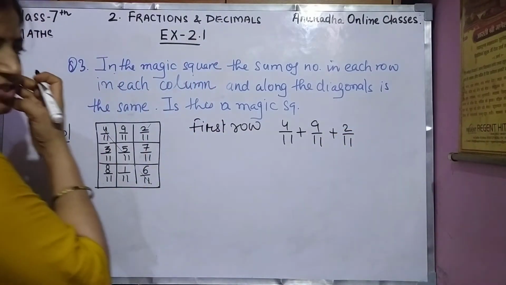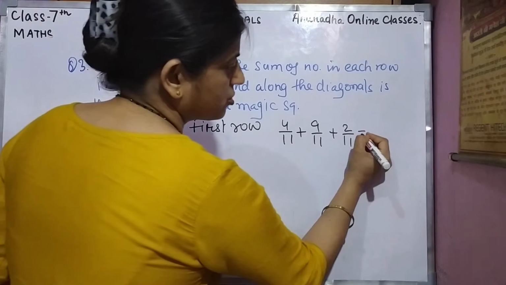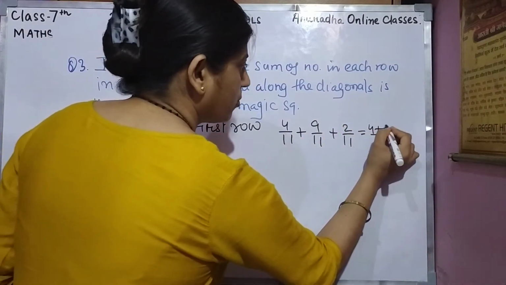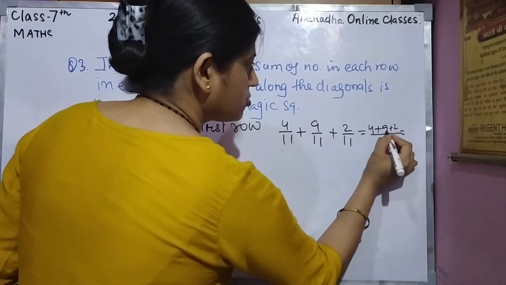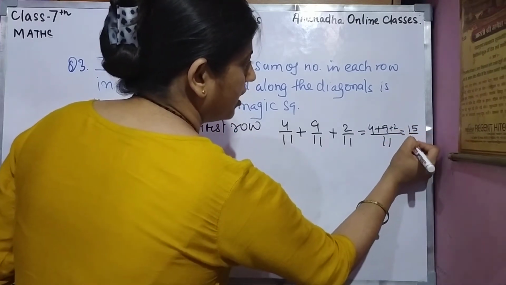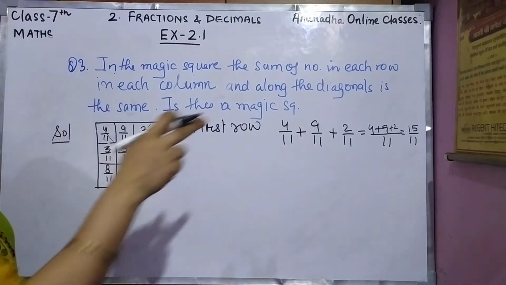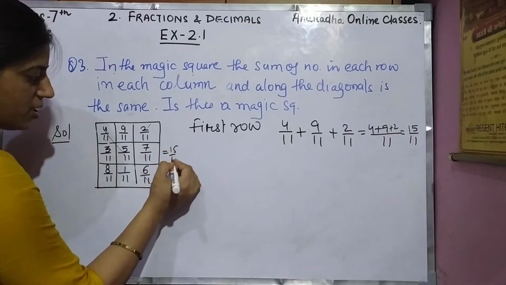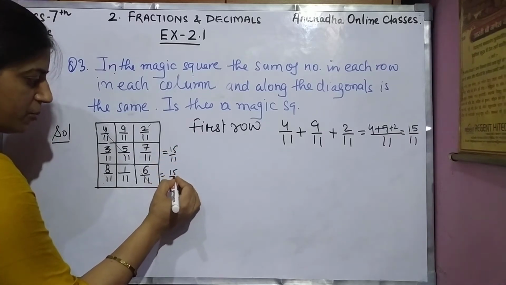Children, it is a like fraction, so the denominator is 11. Just add up all that: 4 plus 9 plus 2 is 15 upon 11. So we get 15 upon 11. Now here also we should get 15 upon 11, and here also we should get 15 upon 11.